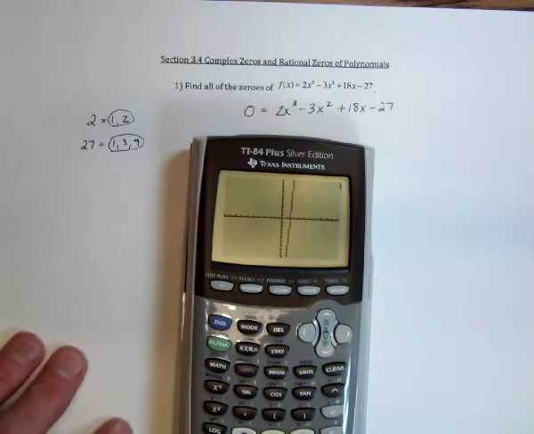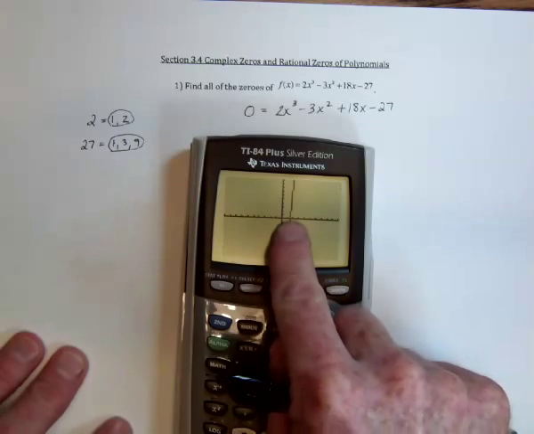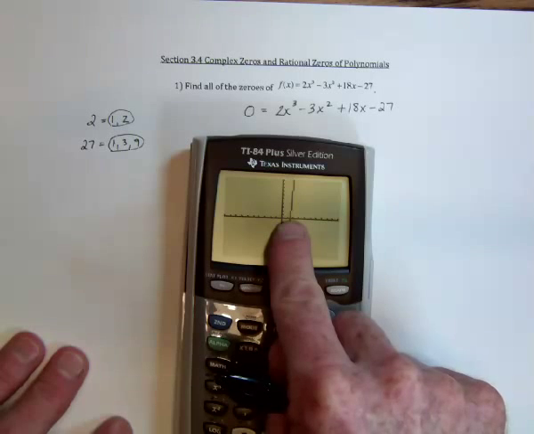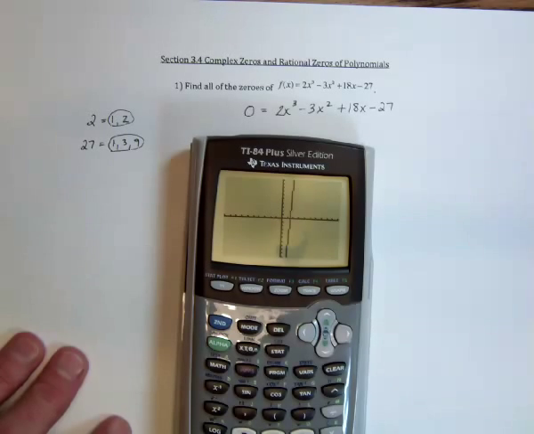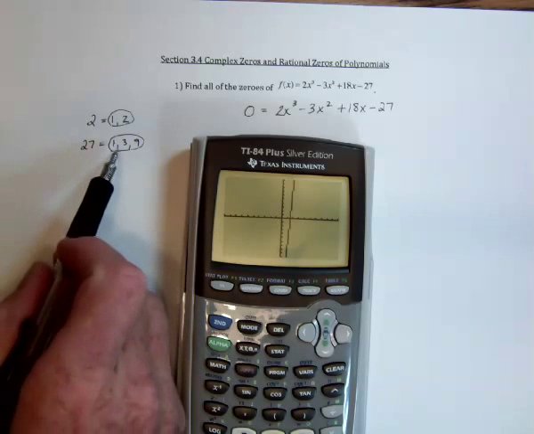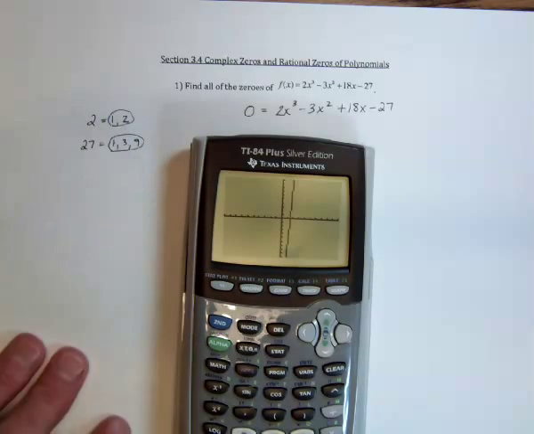And there's a real 0 or x-intercept right there. It looks like it's at 3/2 or 1.5. So that would come from this one divided by that.